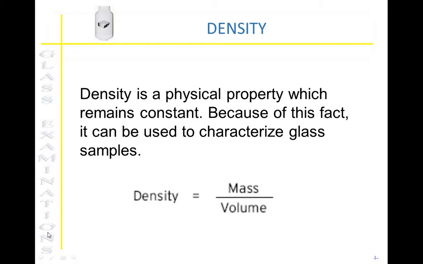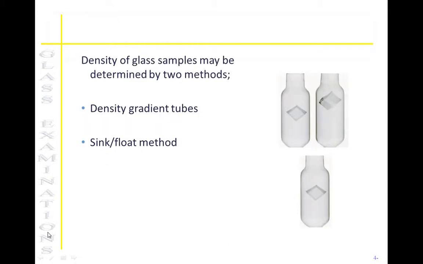It is done through two different methods, either through the density gradient tubes or through the sink float method. When we use the density gradient tubes, this is more of a comparative examination. When we use the sink float method, the analyst is able to obtain a numerical value for the density of that glass sample.